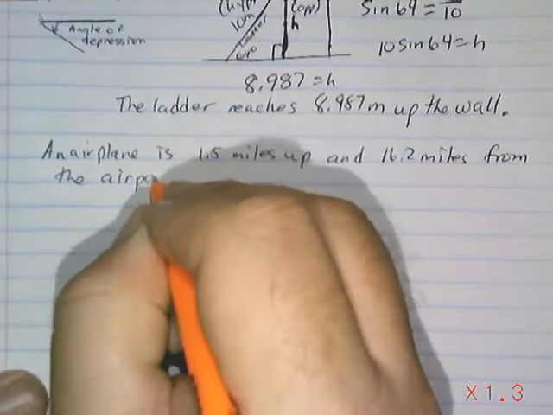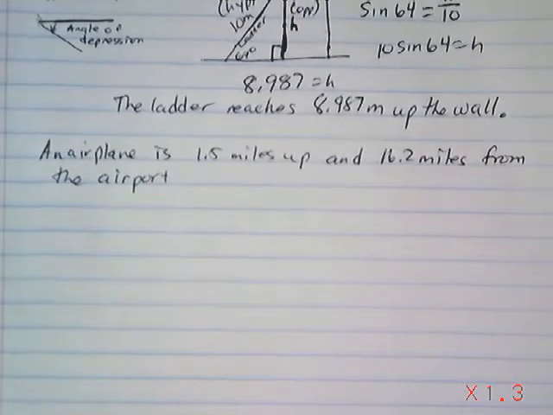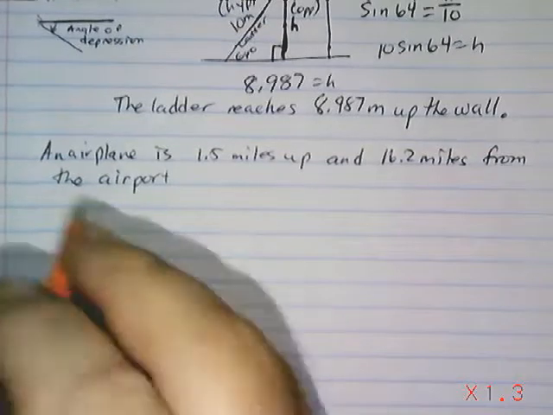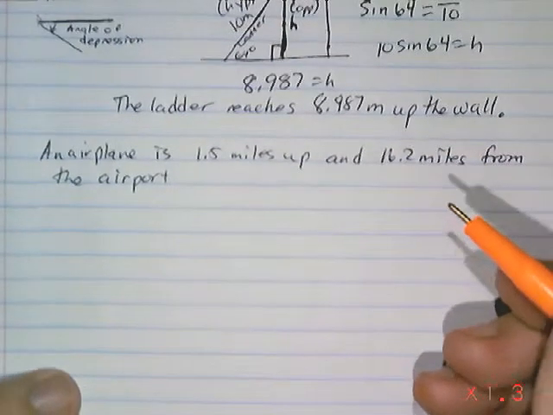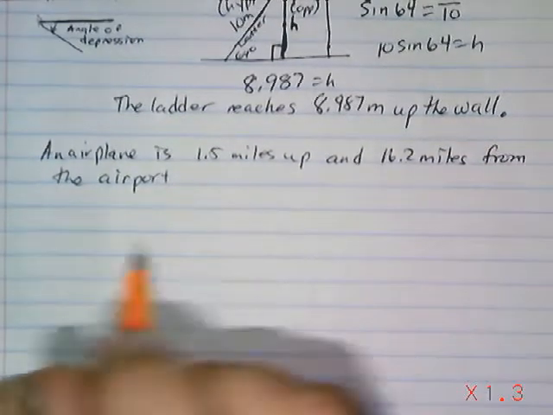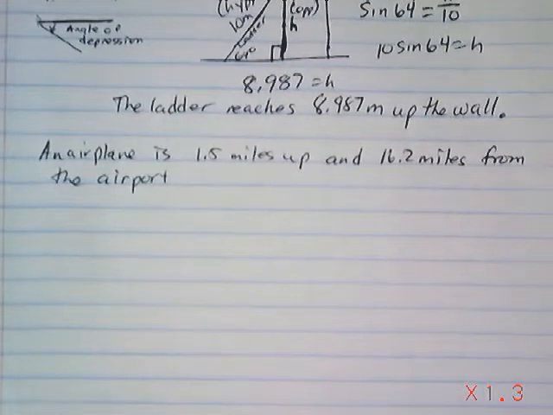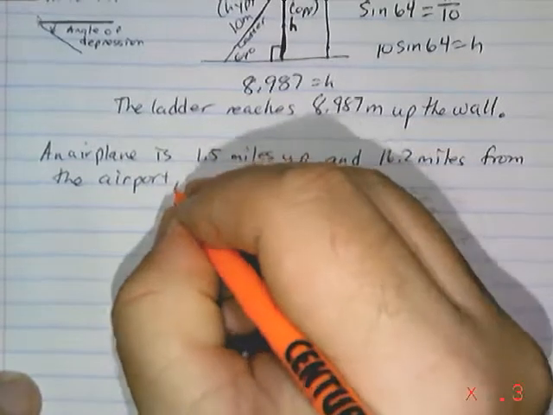We'll call it theta. This angle is an angle of depression and this is an angle of elevation. And those angles are the same. The angle of depression from the airplane to the airport is the same as the angle of elevation from the airport to the airplane, which makes perfect sense. So this is actually the angle we want to find.